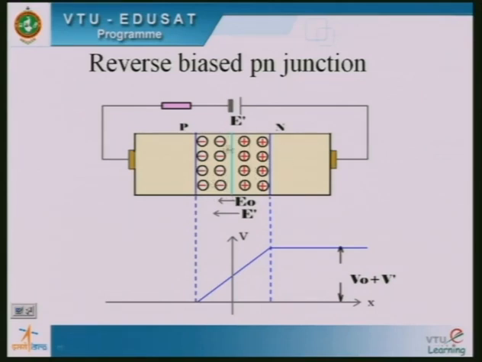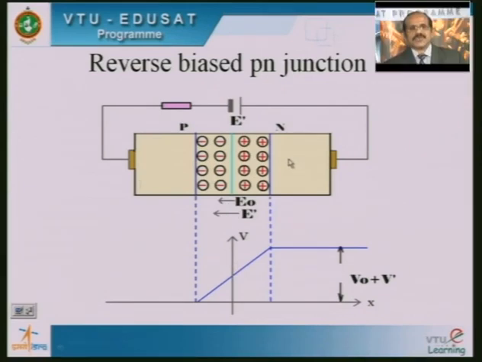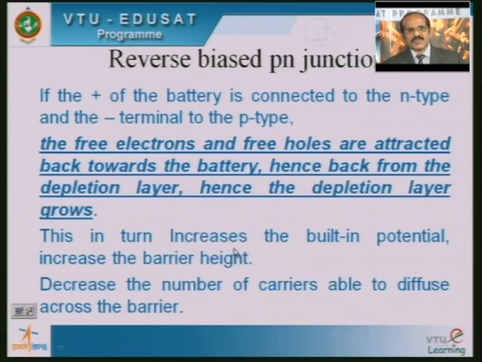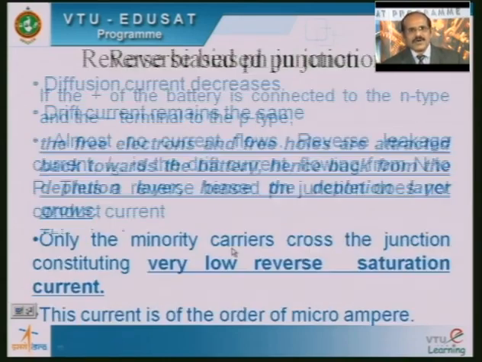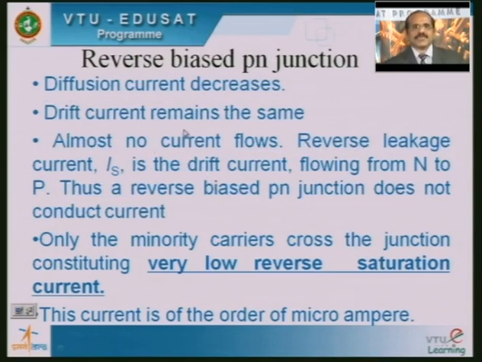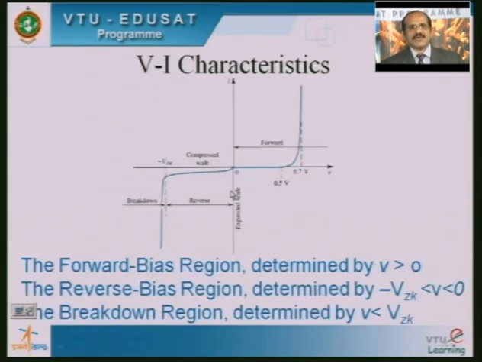Due to the increase in the depletion layer, the barrier potential increases, and therefore the current flowing from P to N, which is due to the majority charge carriers, decreases, whereas the drift current remains the same, because the drift current depends mainly upon the temperature. In the reverse bias junction only minority carriers will be able to cross the junction, which constitutes a very low reverse saturation current, and this reverse saturation current is in the range of microamperes.